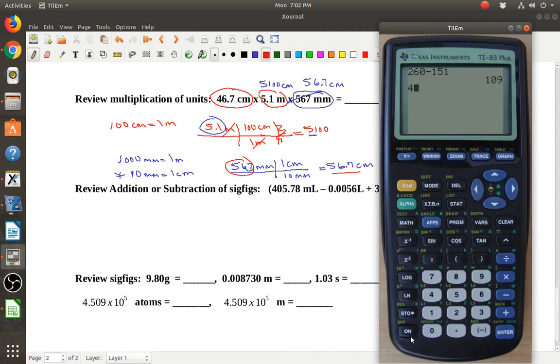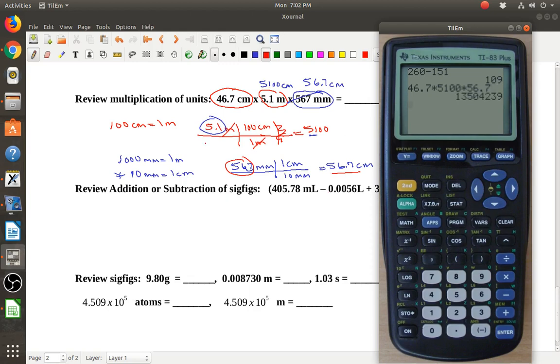We have 46.7 times 5.1, no, not times 5.1, back up, 46.7 times 5,100. There we go, 5,100. You see that's the unit conversion we did right there. 5,100 is what we use, times the unit conversion 56.7.